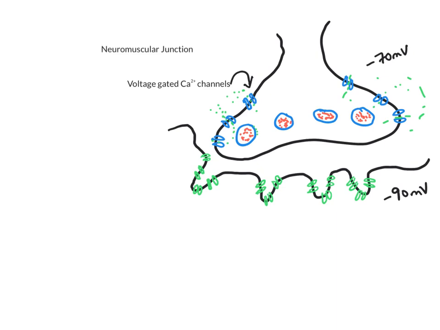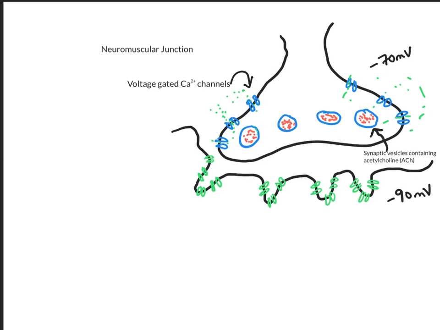So what I've drawn here in the bottom portion, these areas right here are referred to as synaptic vesicles. And in these specific synaptic vesicles, we have a neurotransmitter called acetylcholine. Now, different neurons can have different neurotransmitters, but for our purposes right now, talking about skeletal muscle contraction, we are going to refer to acetylcholine being in this area.